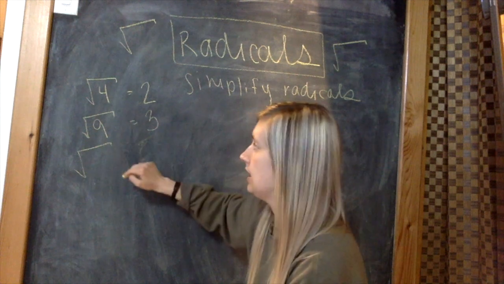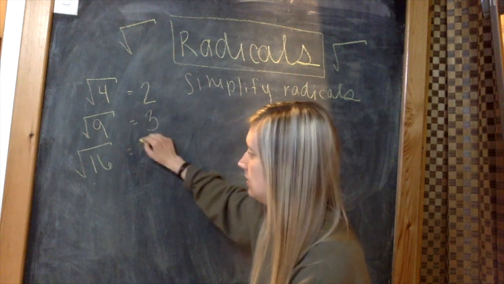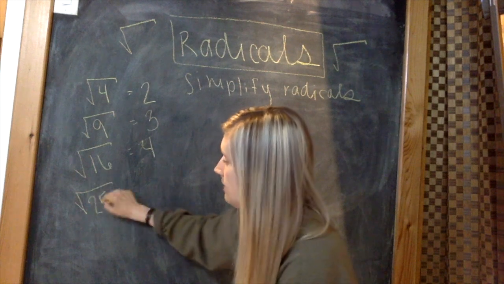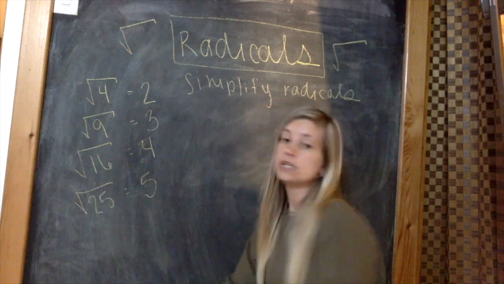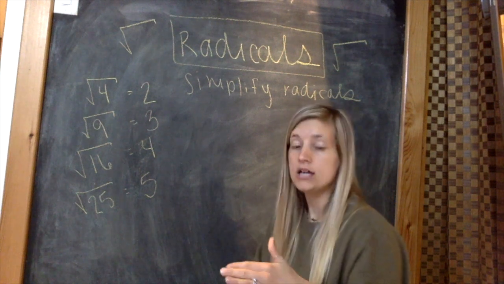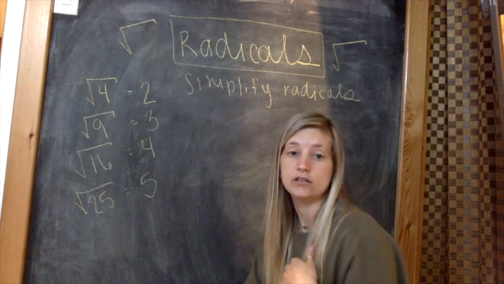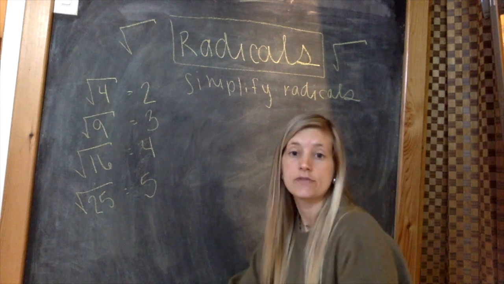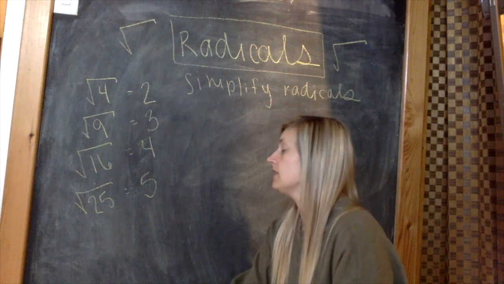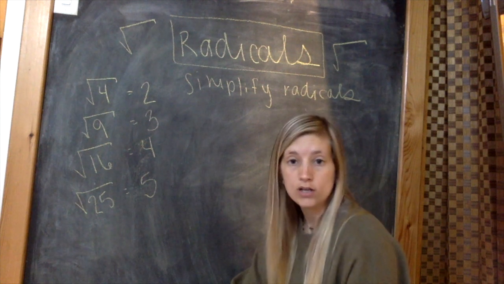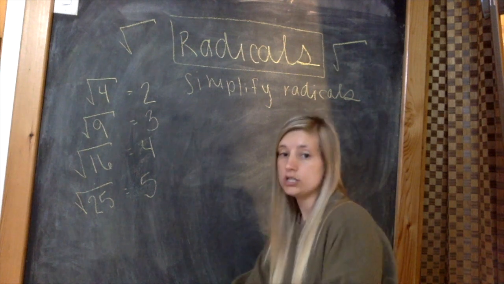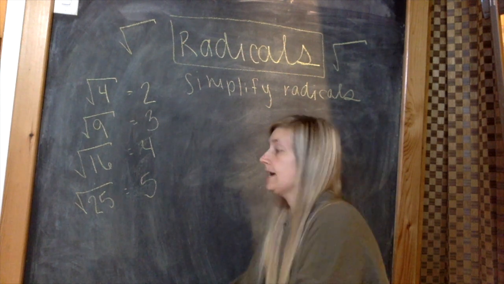Square root of 16 is 4. Square root of 25 is 5. So if I have to guess, all of you can probably simplify right off the bat the first 10 or 11. So next would be square root of 36, then square root of 49, then the square root of 64, then the square root of 81, then the square root of 100, which is 10, okay?